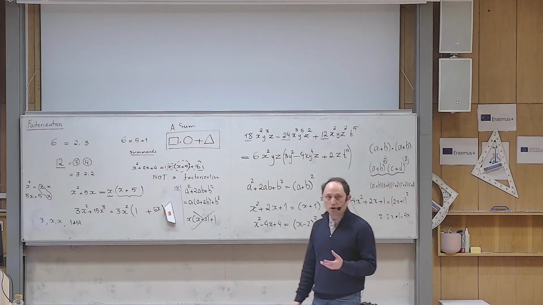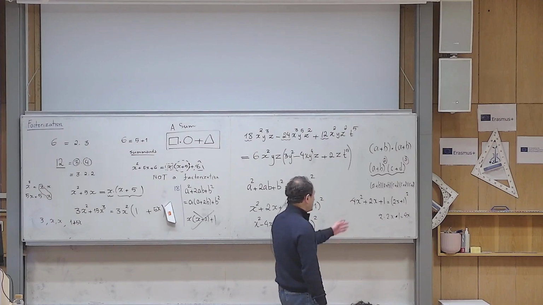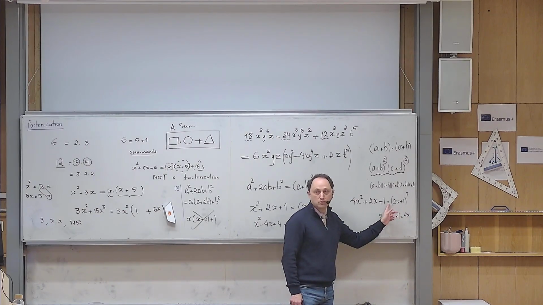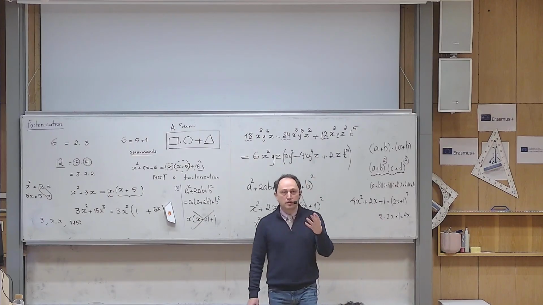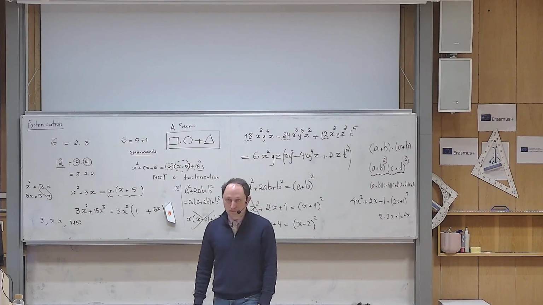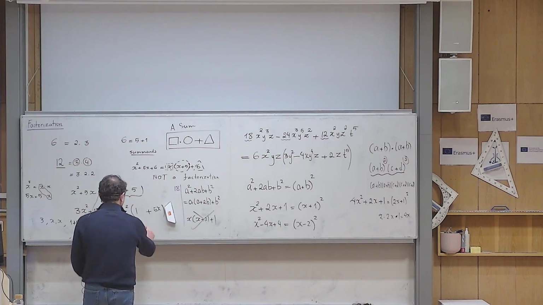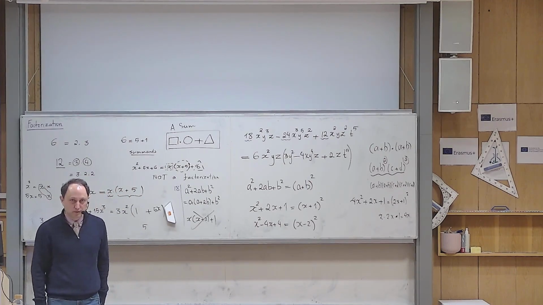Sometimes expressions are not factorizable. So if I give you this in the exam and you just write that, that's a mistake because this equality is totally wrong. The correct one is when it is 4x. Is that understandable? So in this case, you should say that this is not factorizable. Just stop there. Exactly like, for example, if I ask you to factorize 5, 5 is not factorizable because 5 is a prime number.